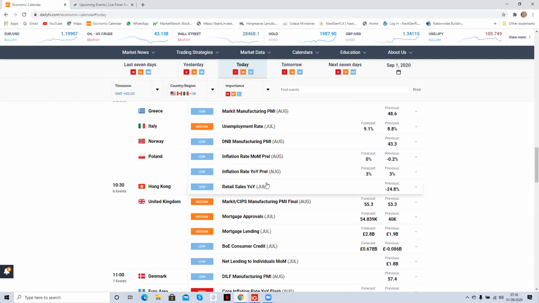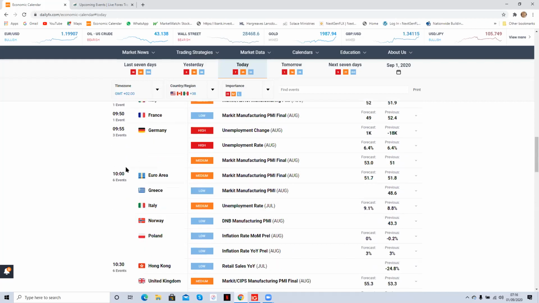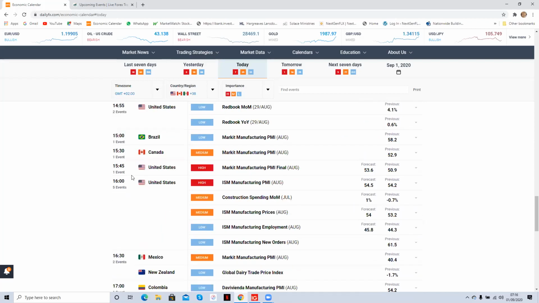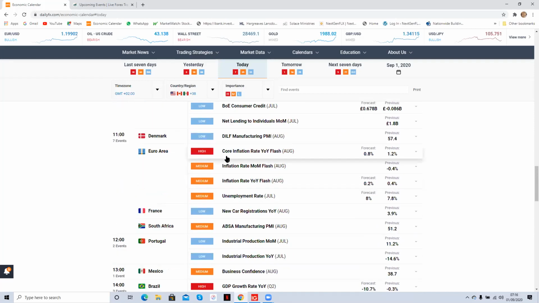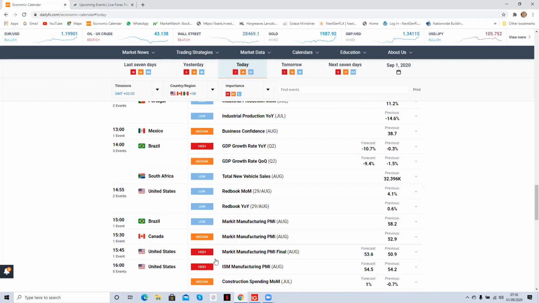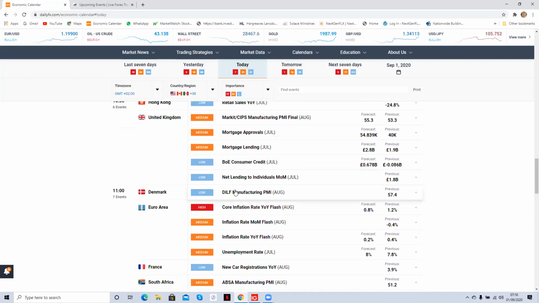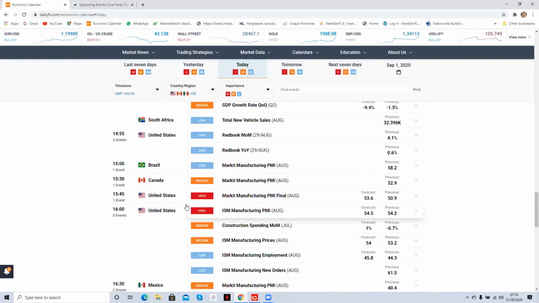So what I mean by that is that there's a likelihood that this report at 9:55 or the one at 11 could cause the market to move prior to this last report at 4 p.m. because they carry more weight than this last report of high importance. So this is of more importance. The German unemployment rate and the euro area report are of more significance than this last report.